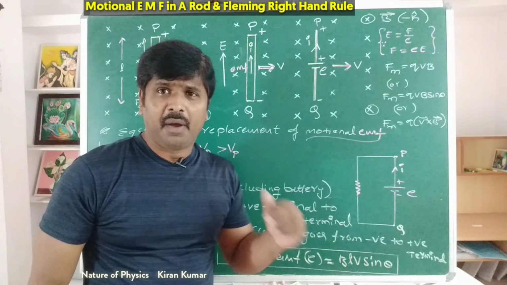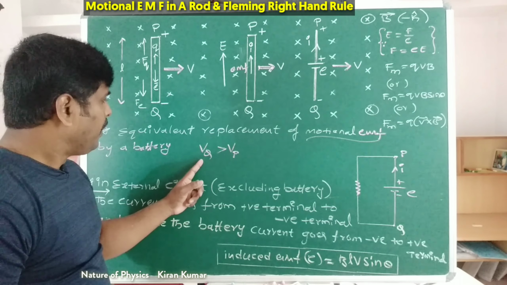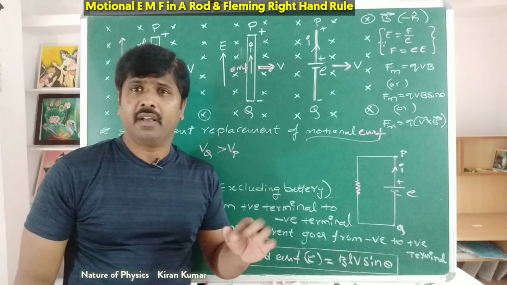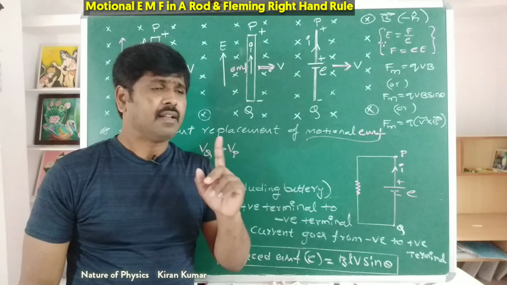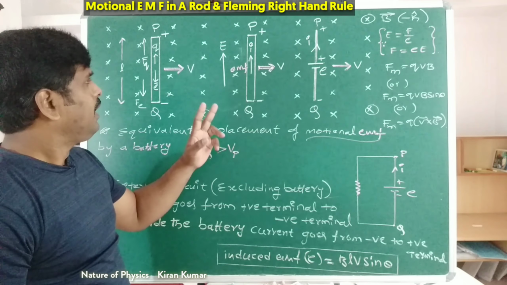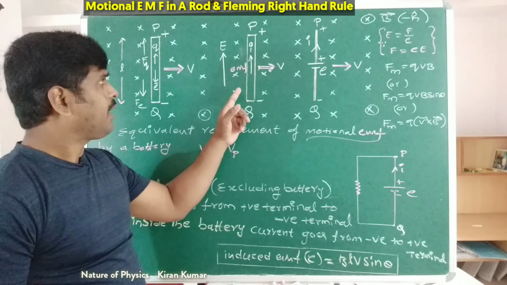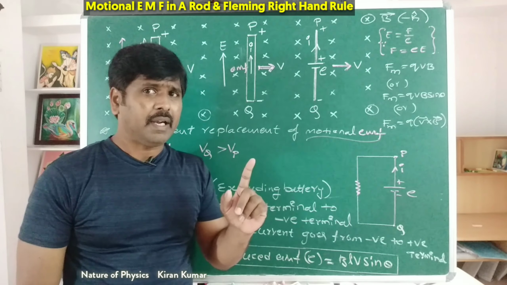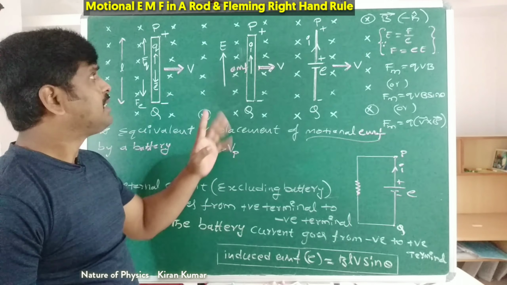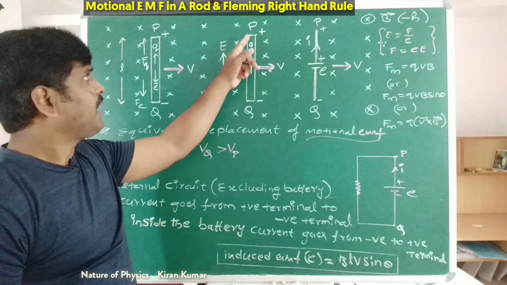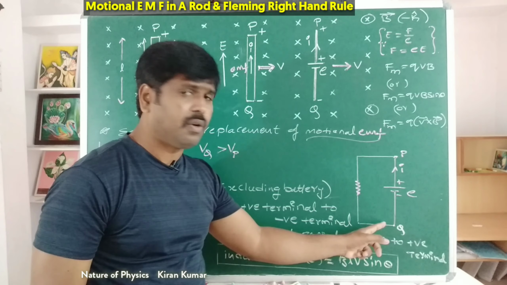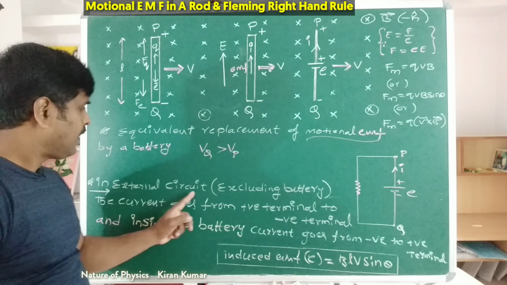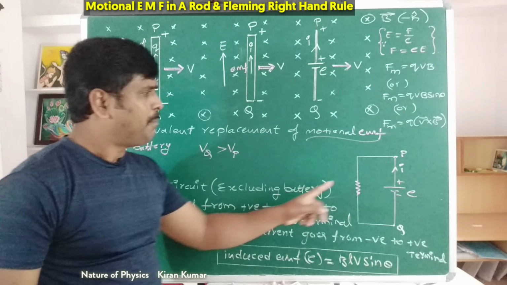See here, why is VQ greater than VP? Just a simple explanation. Actually, the current induced in a conductor gives the right direction only, but the potential difference we generally consider outside, P to Q, like this, considering this as the external circuit excluding the battery.